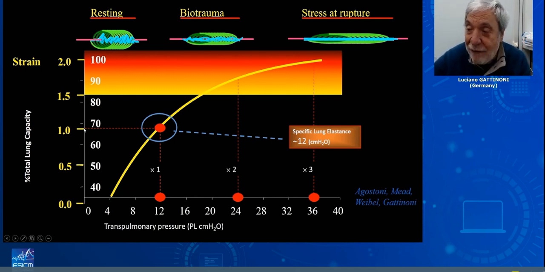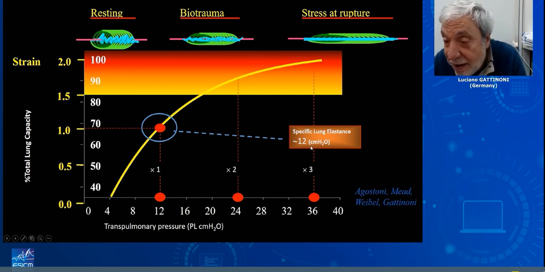So I have a lung volume of 2 liters, I put 2 liters of tidal volume, I double the lung, the strain is 1. I put another liter, the strain is 2. Now at a strain of 1, we have about 12 of transpulmonary pressure. This value is called specific lung elastance, and this number is 12, plus or minus.